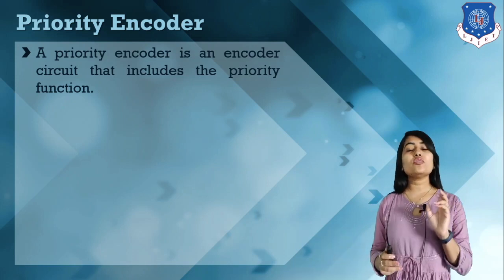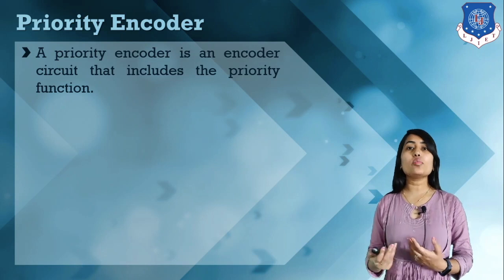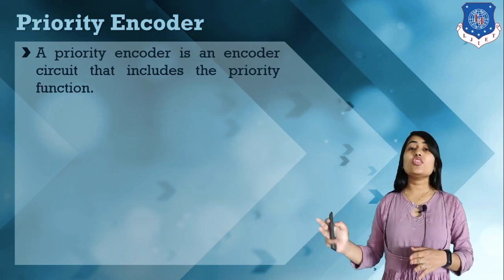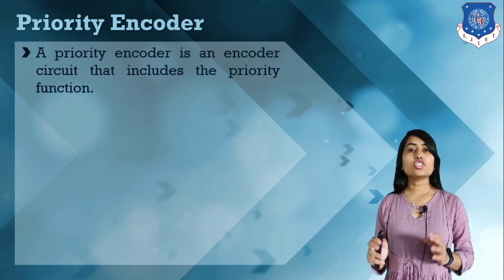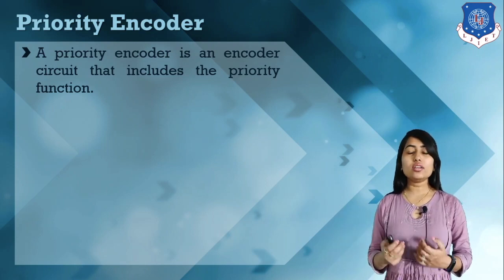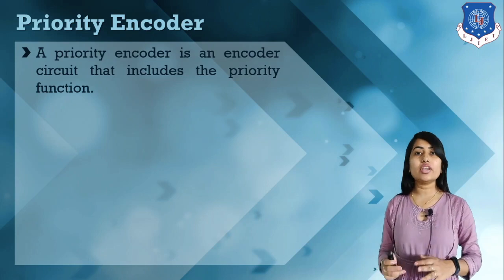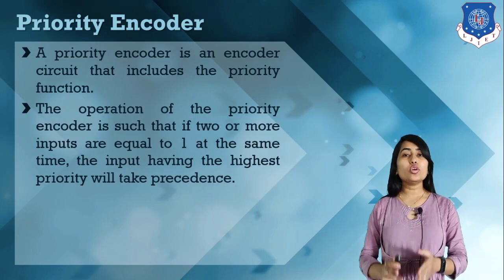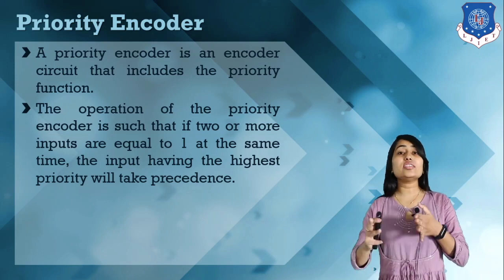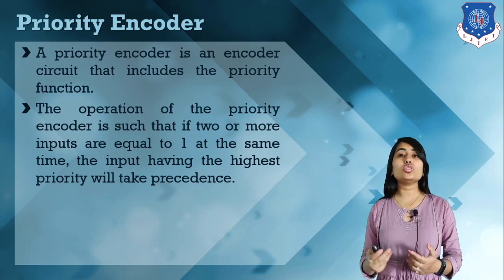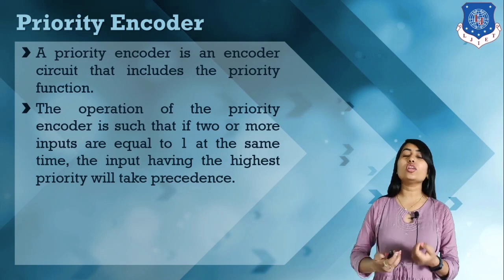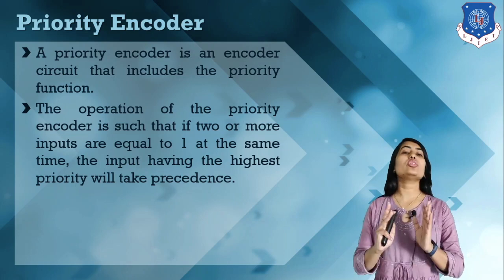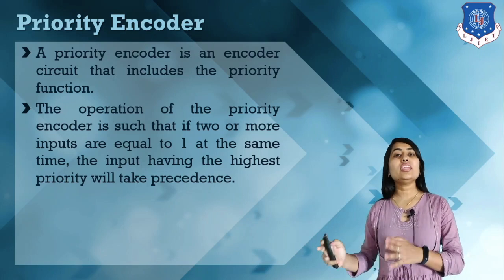So this priority encoder basically works on priority functions. Whenever two or more inputs are high at the same time, the priority encoder works according to the priority.